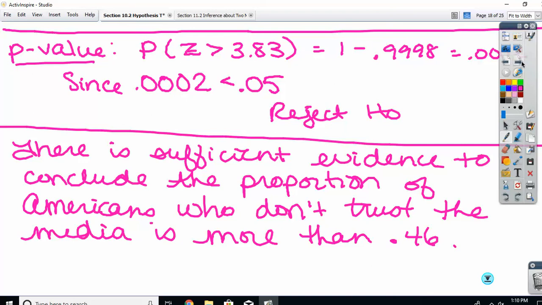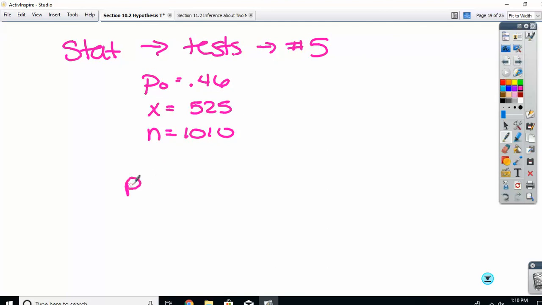That means you would move your decimal back 5 spots. Now, why is that not the same thing we got from our table? Yeah, and did our table go up high enough for us to actually get the number? No. So if the number had actually been on our table, these would match. But either way, we can tell this is most definitely smaller than 0.05. So we would reject our null.